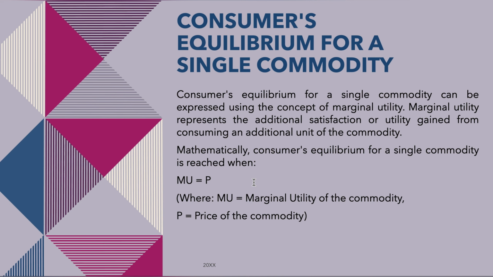So, when consumer's marginal utility is equal to the price of the good, then we say that the consumer is in equilibrium when we are talking about a single commodity, right? This concept of marginal utility really helps in understanding what a consumer actually wants.